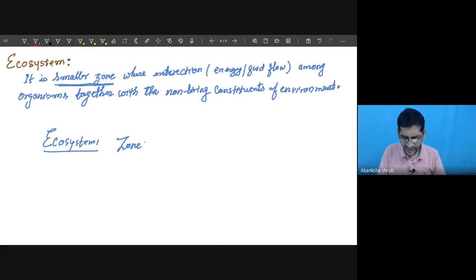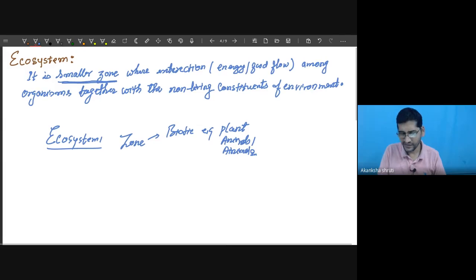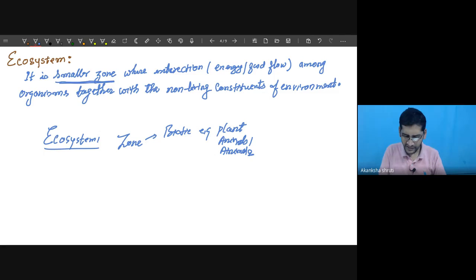Any zone or region has biotic components, like plant one, plant two, animals, animal 1, animal 2, etc. The zone also has abiotic or non-living components.